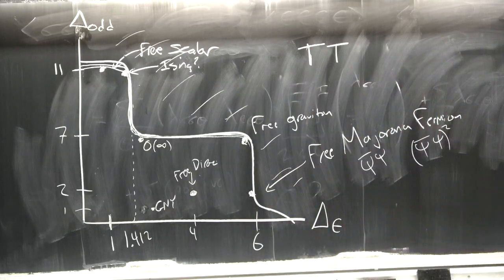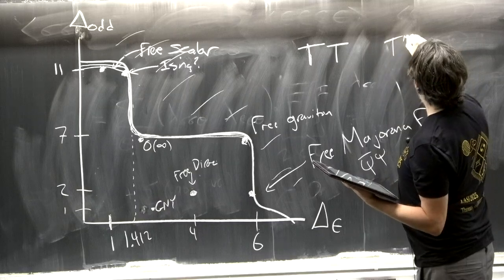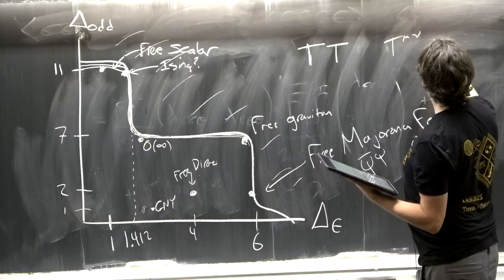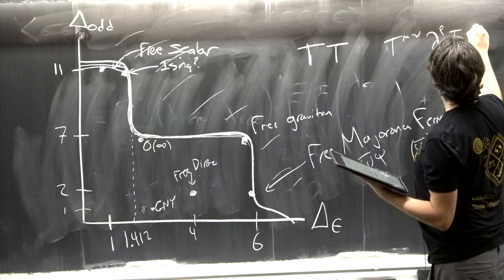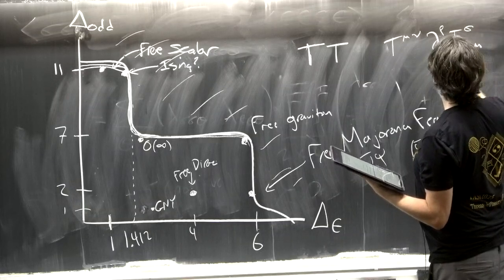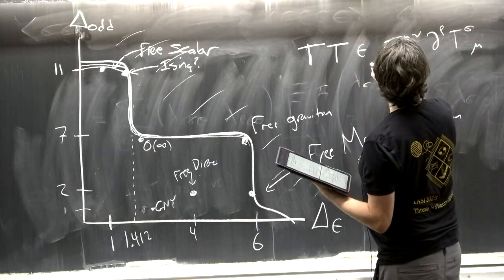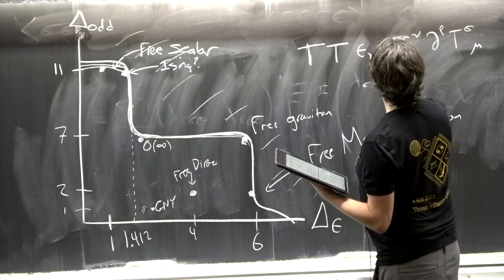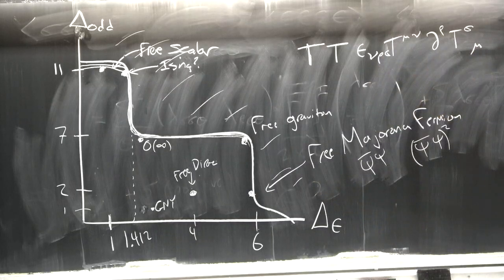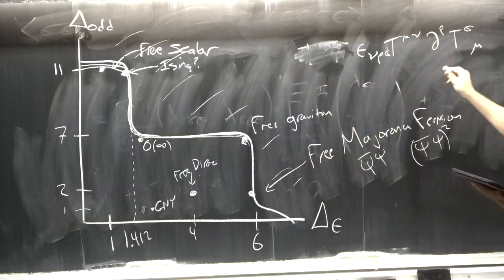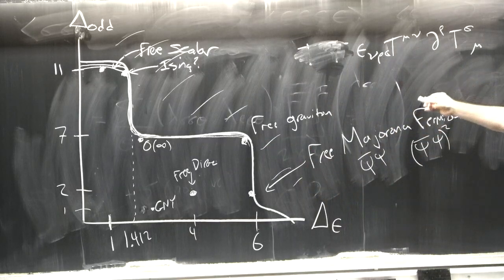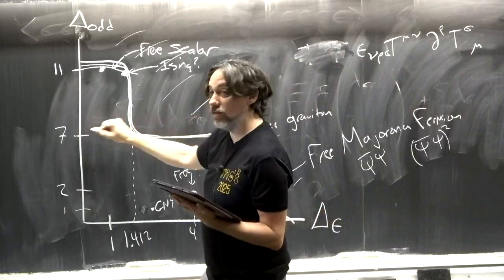And then there's another operator you can write down involving an epsilon tensor, some operator like this, which is parity odd and has dimension 7, and that corresponds to this 7.